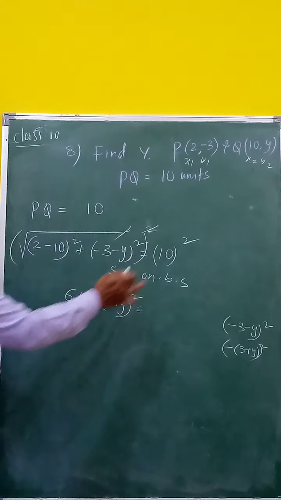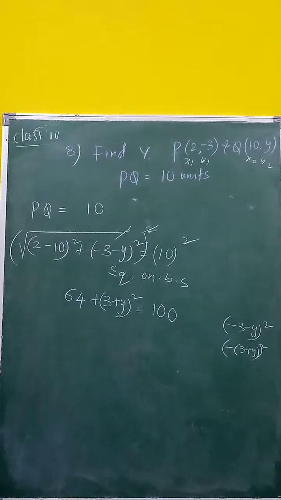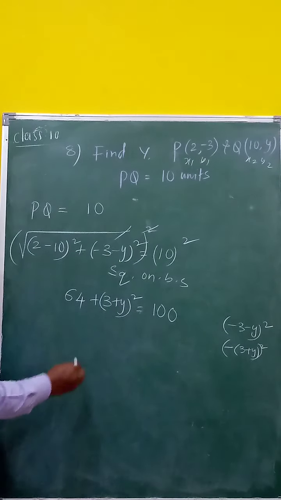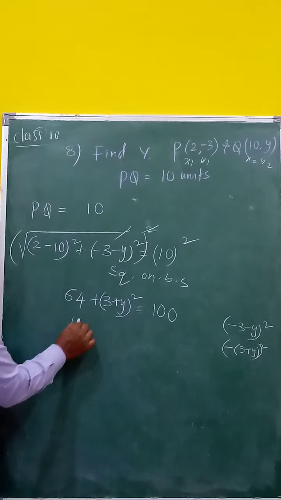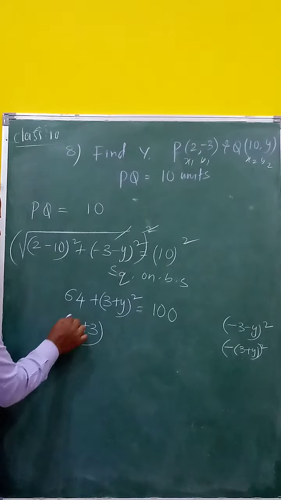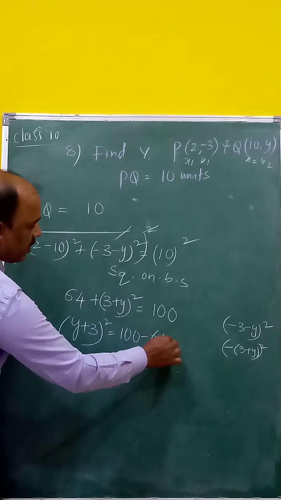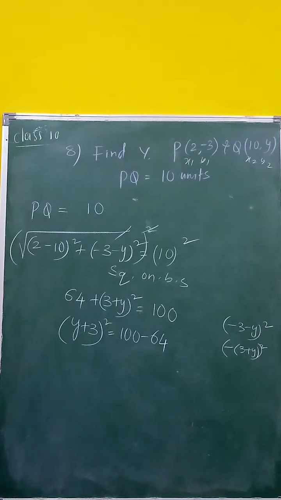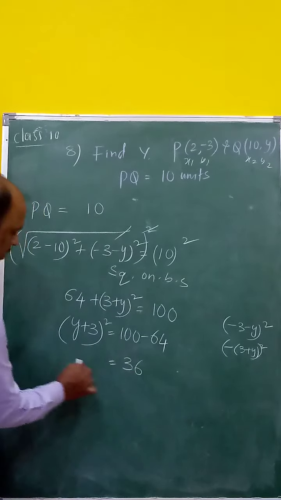Now on the right side, 10 square value is 100. Now transpose 64 to the right side. Don't open brackets, later we will open that. 3 plus y or y plus 3, both are the same. Y plus 3 whole square is equal to 100 minus 64. 100 minus 64 is 36.